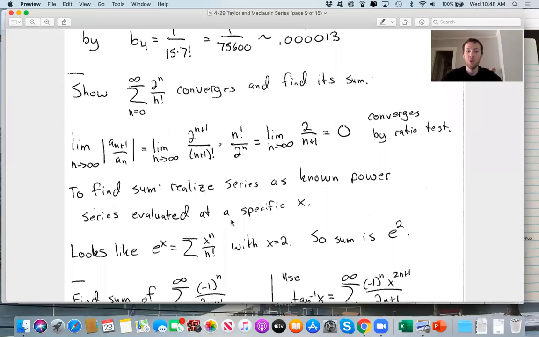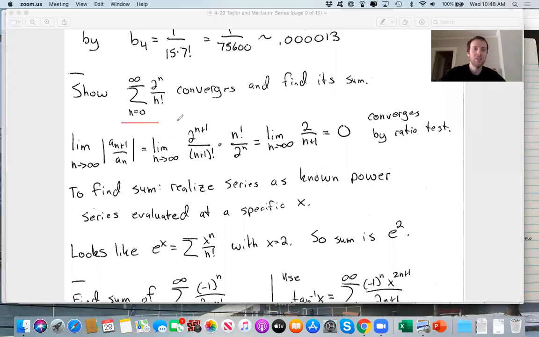And so what you know is that if I put 2 into this series, since that equals e to the x, I could just put 2 into e to the x. So this series, we know it converges by the ratio test, but in fact, we can say it converges to e squared because this is an instance of the Taylor series of e to the x.